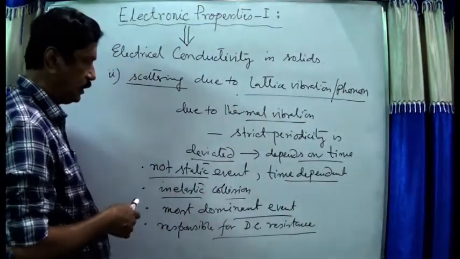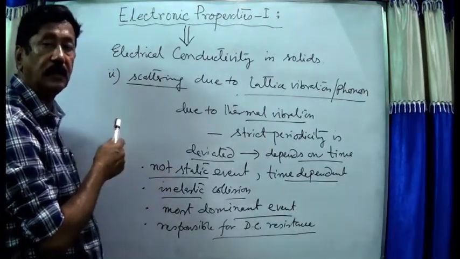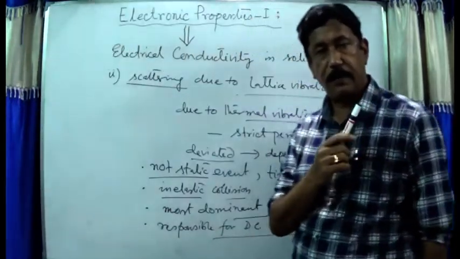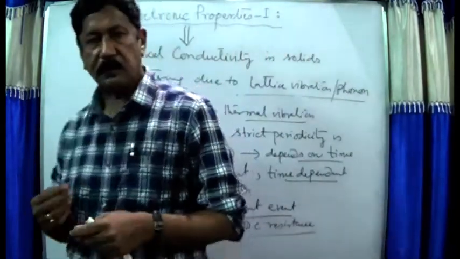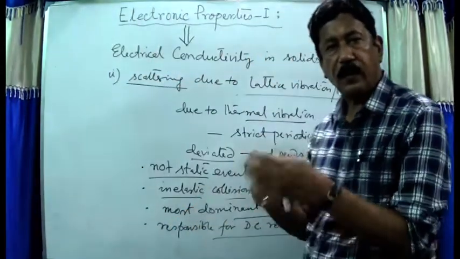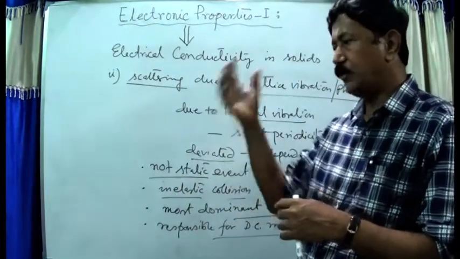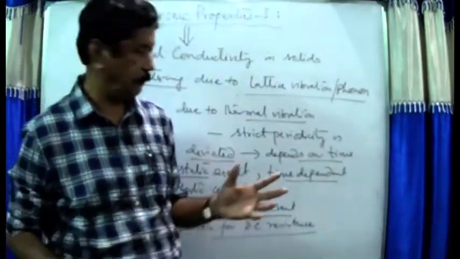Then we can see that this event cannot be considered an elastic one. It is inelastic. That is, the energy of the incident electron will not be conserved by itself. It has to be conserved with some other system when taken together as a whole.